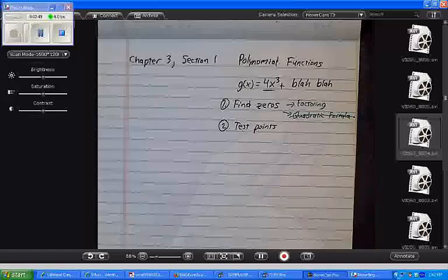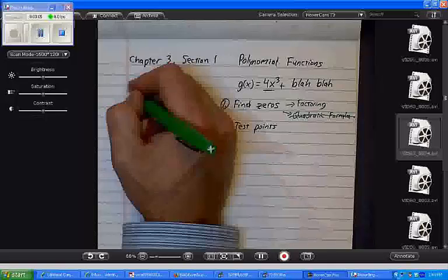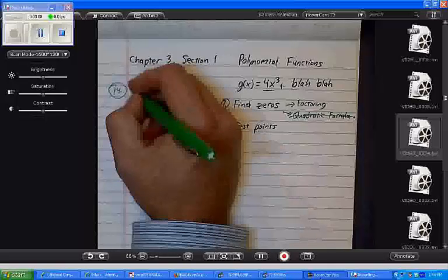So I really like what Dr. Stitz and Dr. Zeager did with this. They did the problems in section 1 and they said, hey, don't factor it, we'll factor it for you. Okay? So the one I picked was number 14. And they said, for number 14, it looks like this.